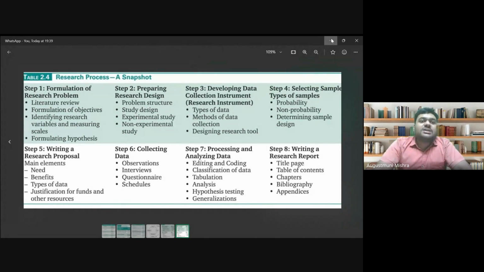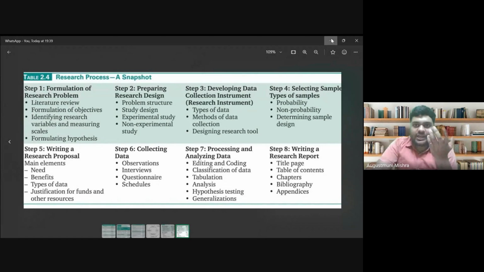When you prepare your research design, it has a problem structure, a study design, an experimental study, a non-experimental study, whatever you want to conduct. Whenever you are preparing a research design, it helps you save your time and your money.